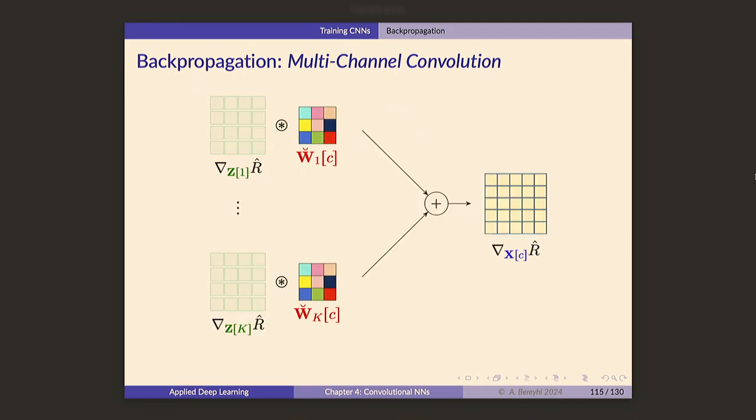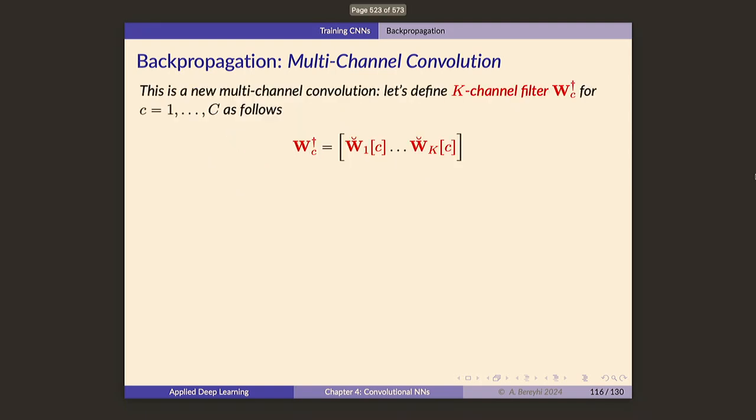You can again see that this whole thing is itself a three-dimensional, tensor-wise convolution. Because I define this filter, W_C dagger, to be simply channel C of all of those filters that I have. I have k different filters, I go for channel C of every single one of them, I reverse all of them, and then I put them inside a k-dimensional tensor.